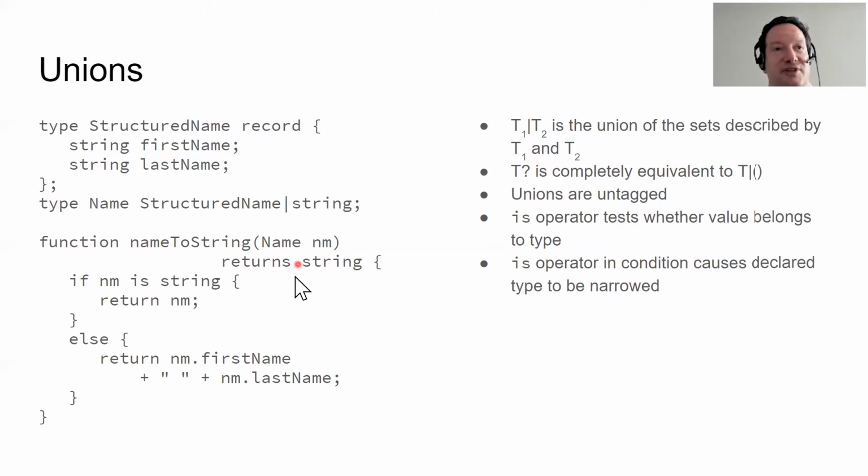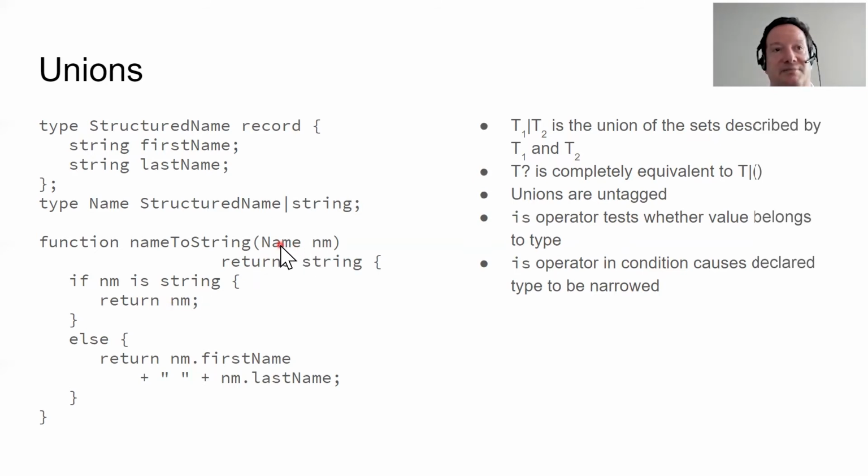Now, what's interesting here is that although we've declared the variable nm to have type name, since we've now tested here, the compiler knows here that name is string is true. And so we have narrowed the type of nm to be string. So this is okay.